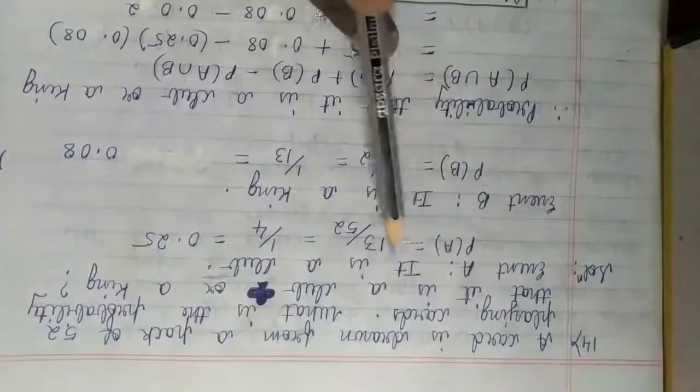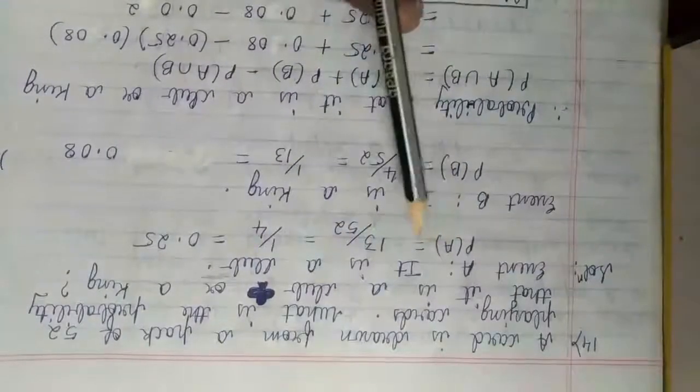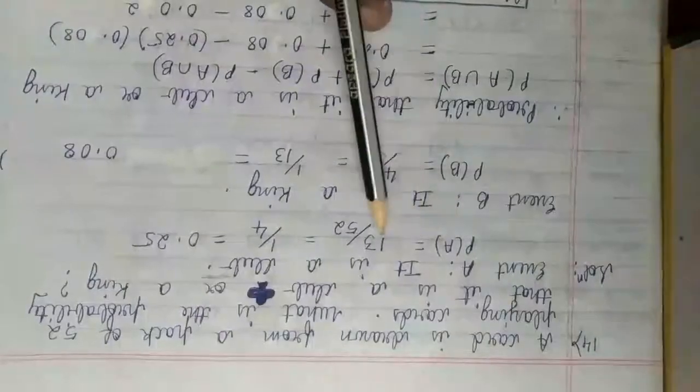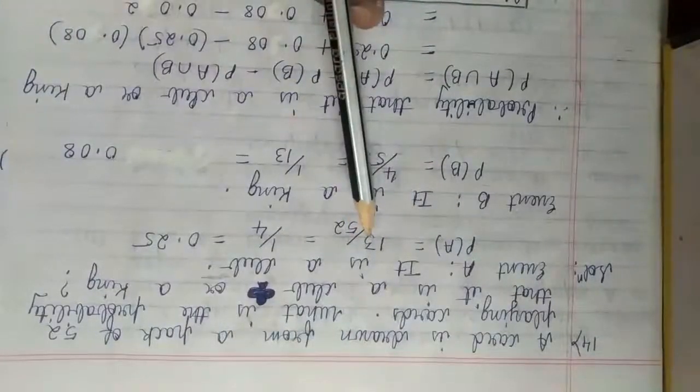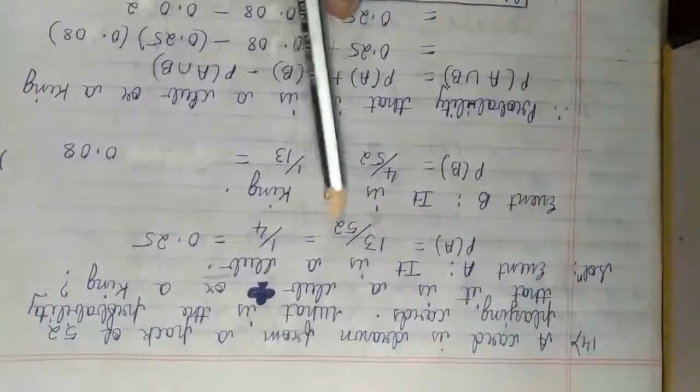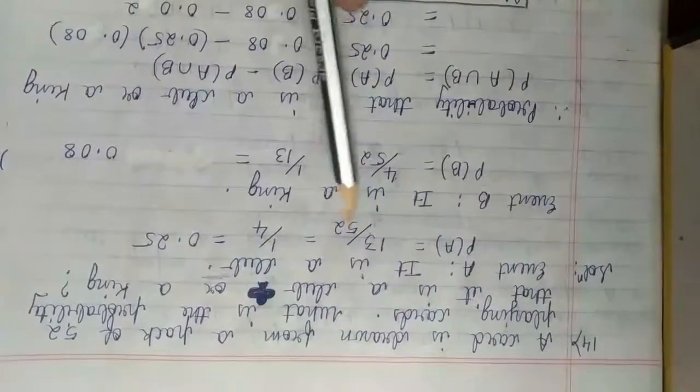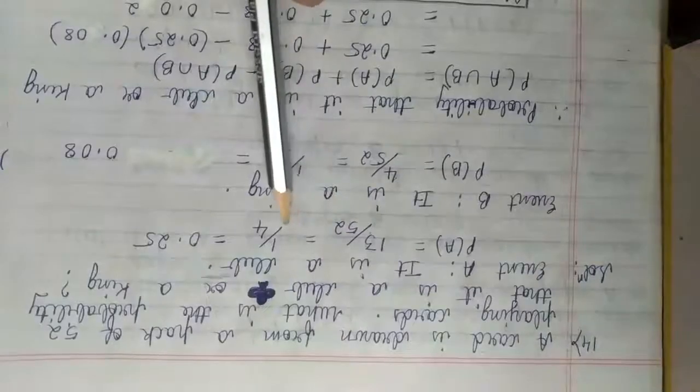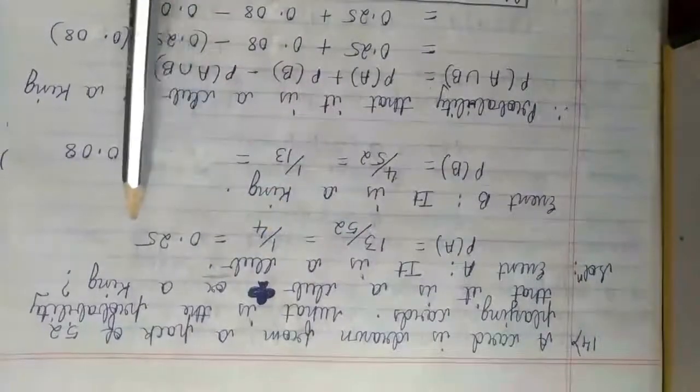So event A, what is the probability that it is a club? Probability of A is equal to, there are total 13 clubs in the set, divided by total number of cards in the deck, 52. So 13 divided by 52, which is equal to 1 upon 4, equal to 0.25.